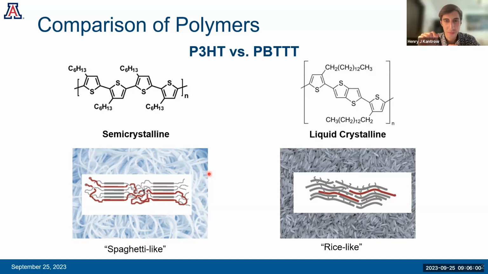And the point that we want to emphasize here is that our working hypothesis is that in these liquid crystalline-like polymers, you create something that is microstructurally more homogeneous, because whether you pick a point in the microstructure of PBTTT, no matter where you are, you're in this liquid crystalline-like phase, and locally you feel more or less the same environment.